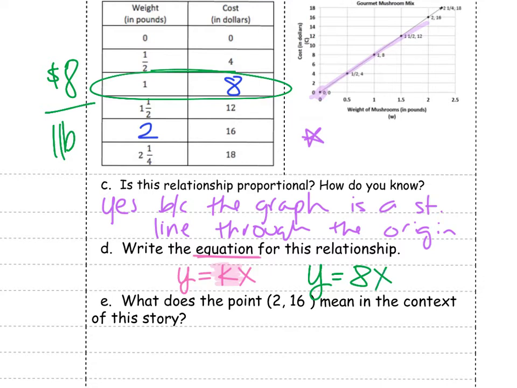And then it asks, what does the point (2, 16) mean in context of this problem? So we have 2 x's, 16 y's. Really all we have to do, remember, we talked about, is put labels on it.